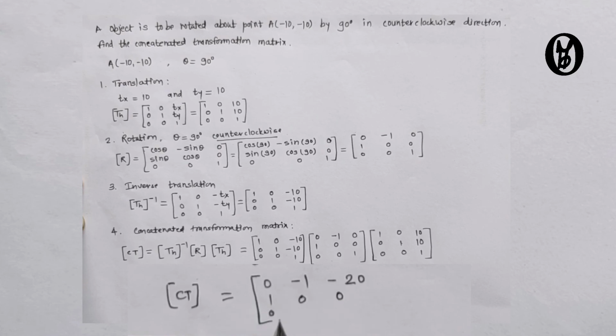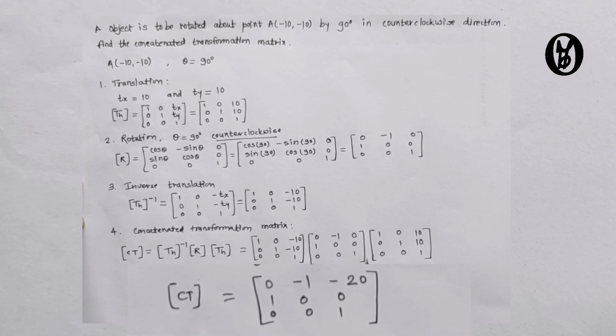So this is the concatenated transformation matrix. By using this, we can accomplish the rotation of any object about point A by 90 degrees counterclockwise.